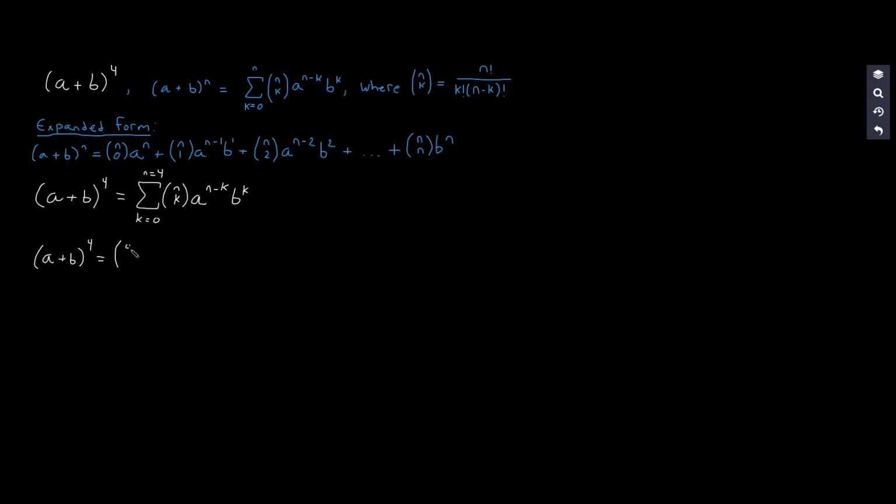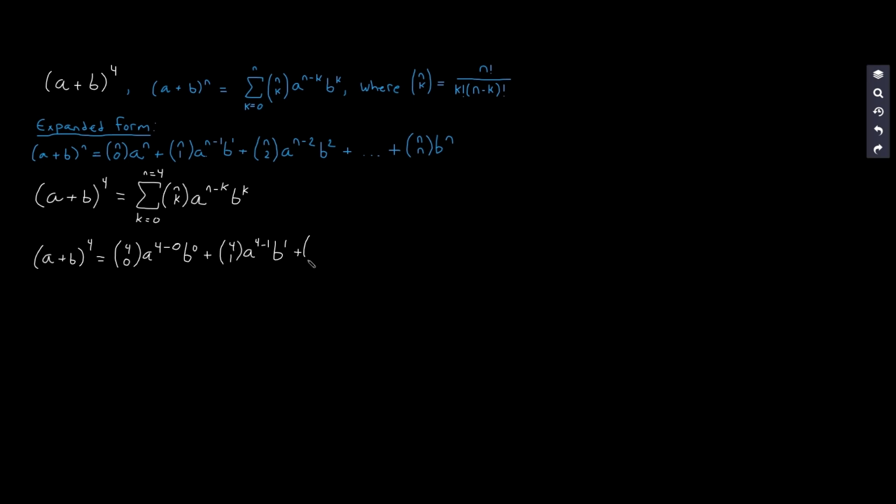So it's going to be 4 choose k, which in this case is 0 for the first partial sum, times a raised to the power of 4 minus 0 times b raised to the power of 0, plus we're going to have our second partial sum, so it's going to be 4 choose 1 times a raised to the power of 4 minus 1 times b raised to the power of what k is, and in this case, for the second partial sum, it's going to be raised to the power of 1. And so that's going to do it for the second partial sum.